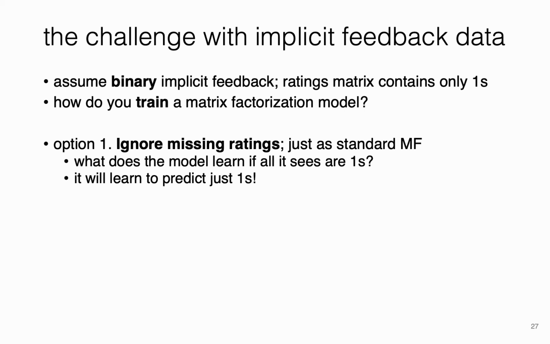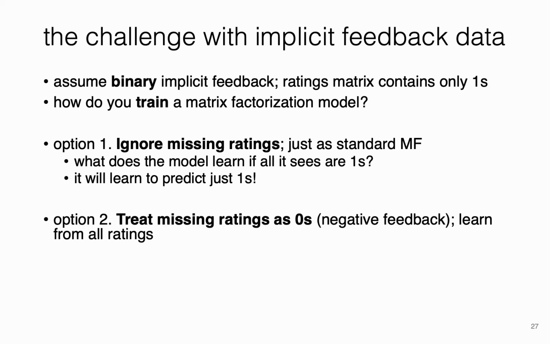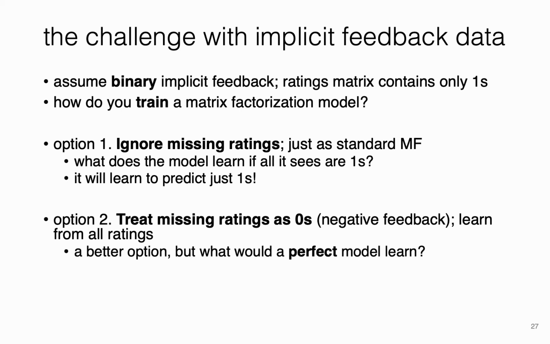Option 2 is to not ignore the missing ratings, and instead treat them all as negative feedback, zeros. Then we learn from all ratings. This seems like a better option in that the model does get to see ones and zeros.